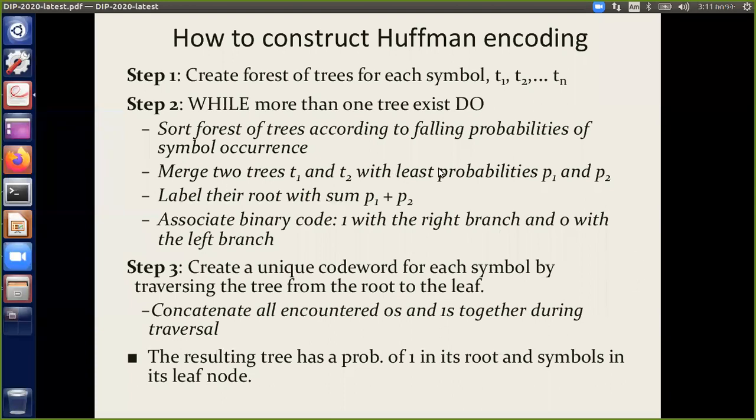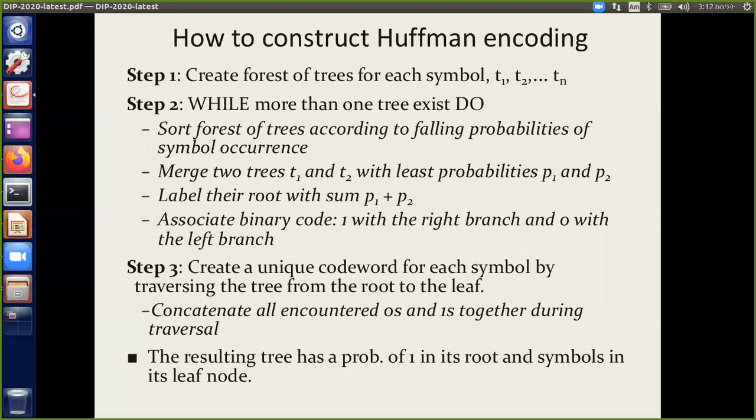Then once we connect two trees, we need a convention: either the left branch is assigned 0 and the right branch 1, or the left branch is assigned 1 and the right branch 0. In our case, we will follow left branch 0, right branch 1. This runs again and again until the forest of trees is reduced to one tree, and every time sorting is required.